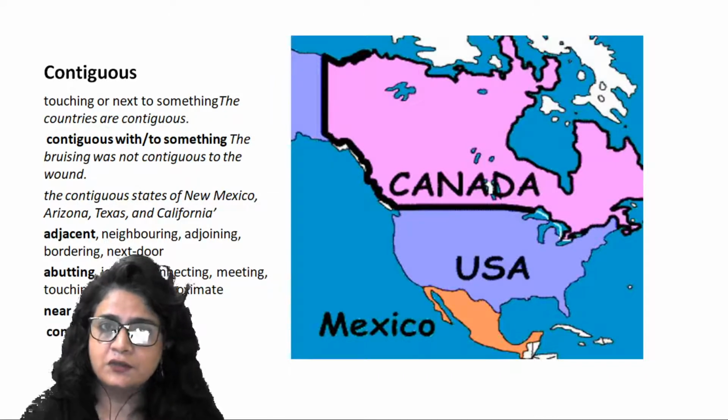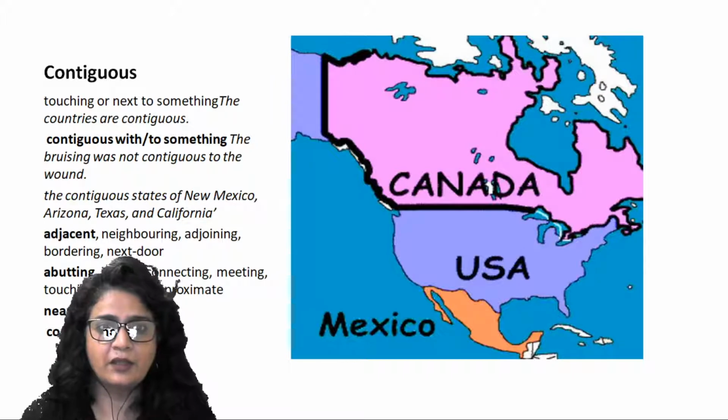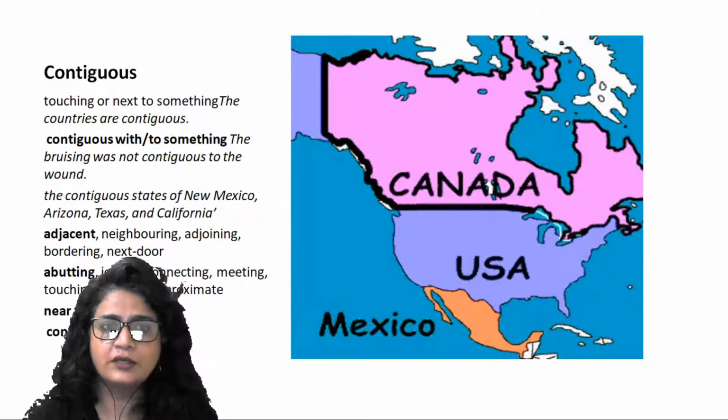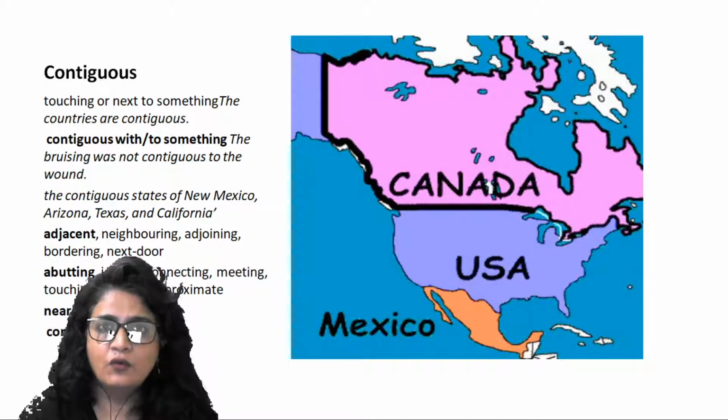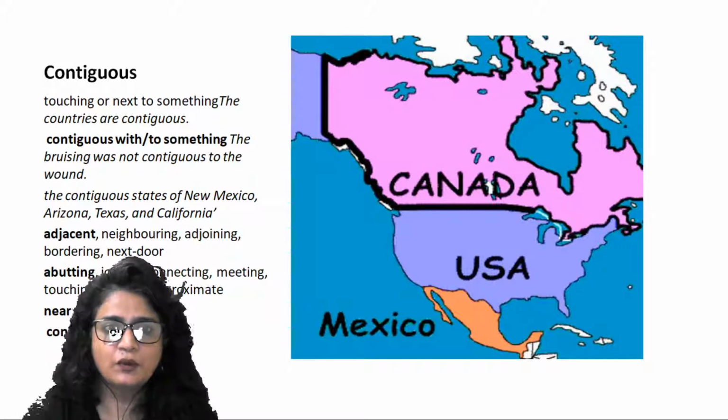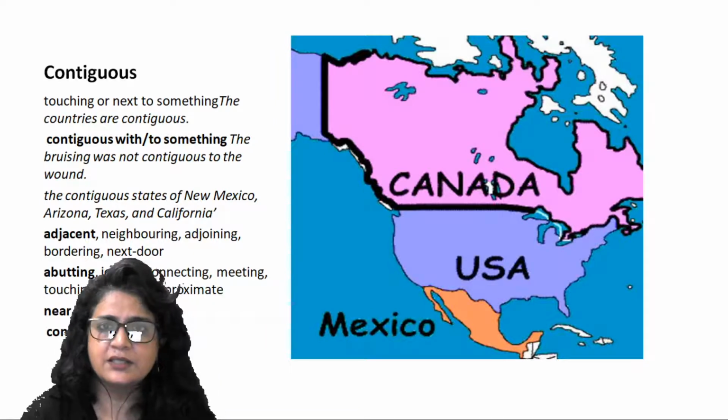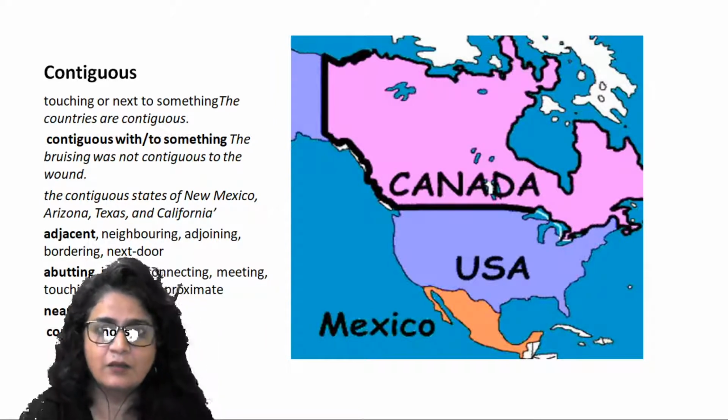So contiguous to something, contiguous with something. The bruising was not contiguous to the wound. So where the wound happened, the bruising was not next to the wound, it was happening somewhere else, right? The contiguous states of New Mexico, Arizona, Texas, and California, these states are contiguous, they are touching each other's border.